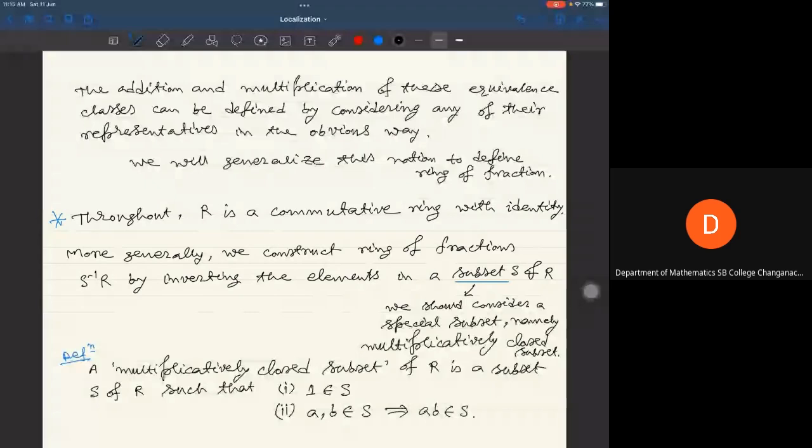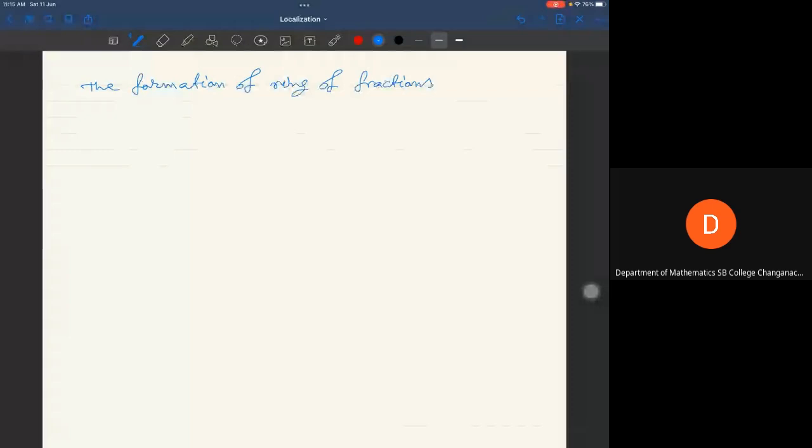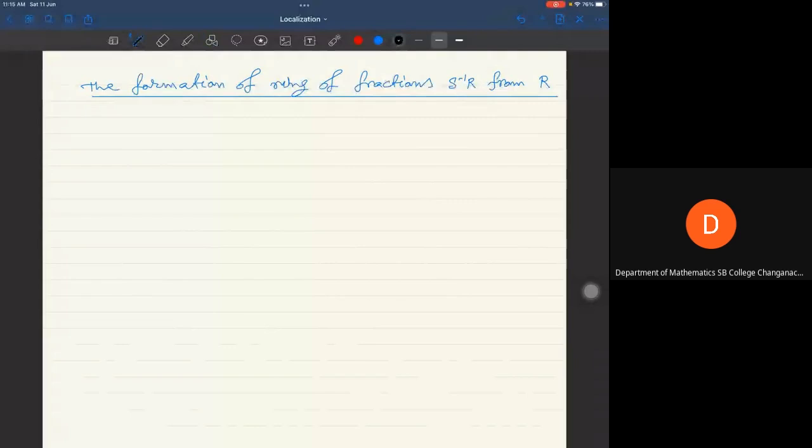Okay, and then we will see the formation of the ring of fractions S inverse R from R. So you just recall that example, the formation of the field of rational numbers from the ring of integers.